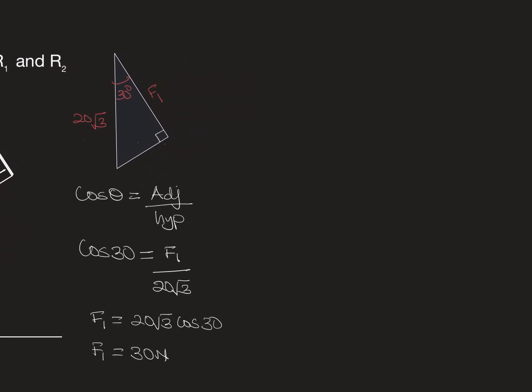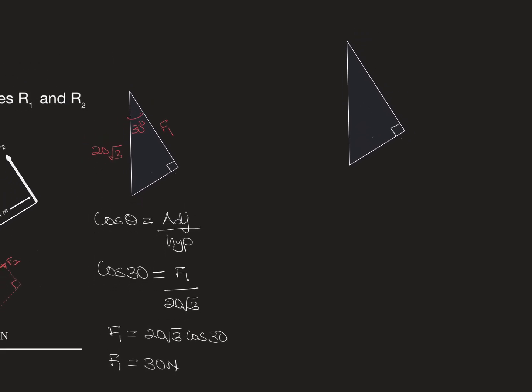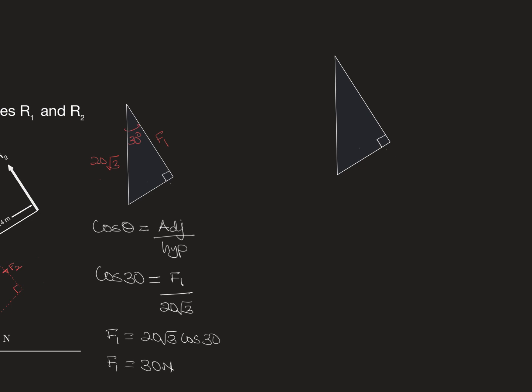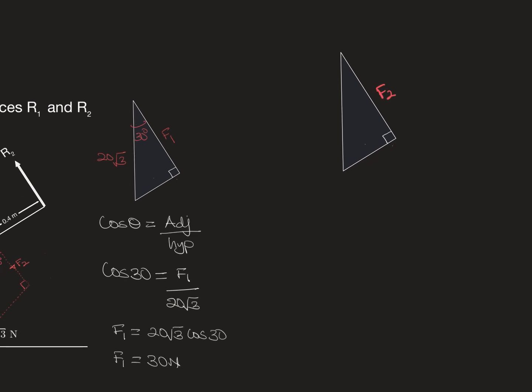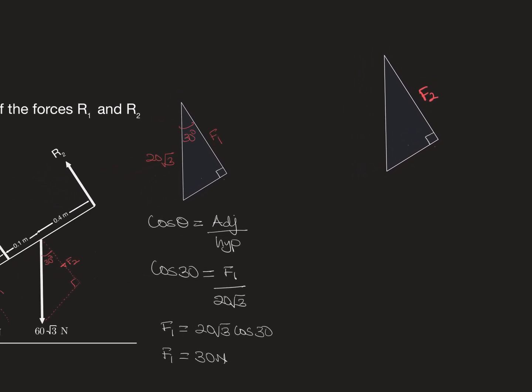So the same thing applies for F2. If we have a triangle like this, and this side is F2, we have 60 root 3 newtons for this side, and the angle is 30 degrees. Again, using cos theta is equal to adjacent over hypotenuse.